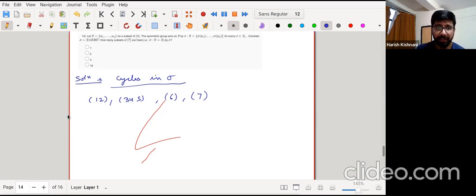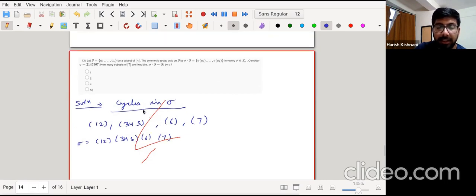So it's a cycle decomposition of this sigma, right? You all agree that sigma is 1 2 3 4 5 6 and 7. If you take any cycle as a subset, any subset with the indices of a cycle, then that subset will always be fixed by this sigma.